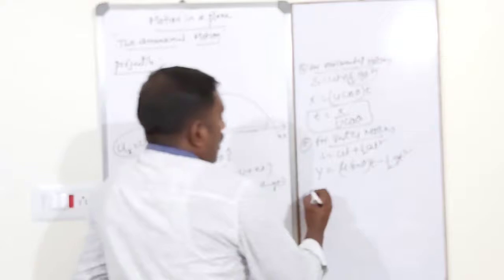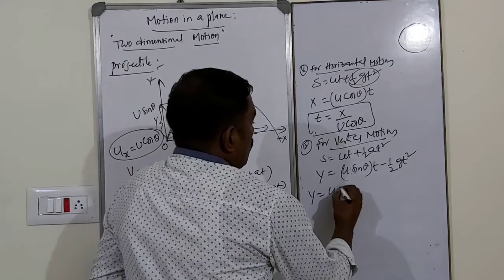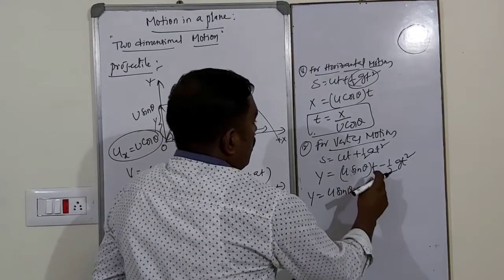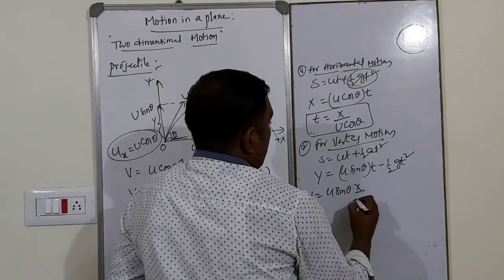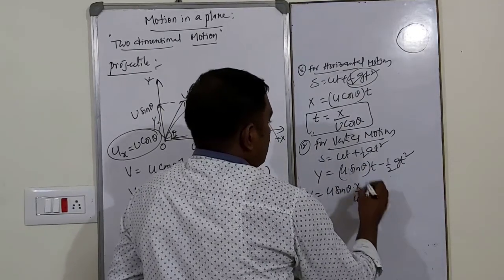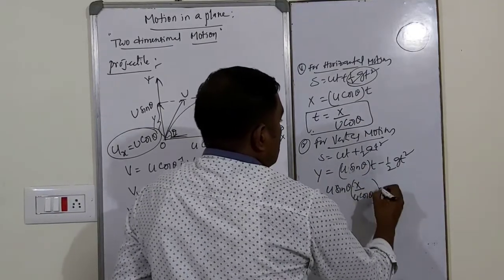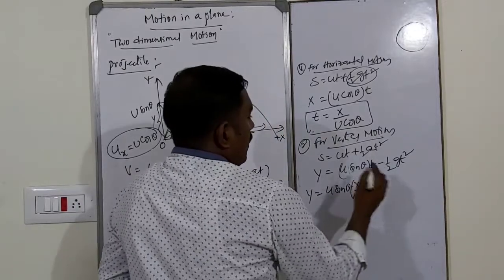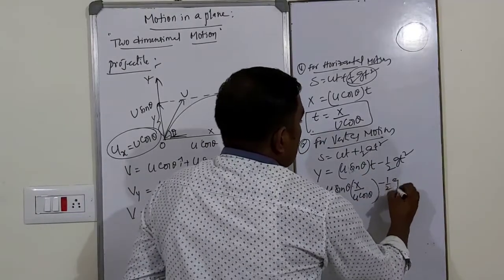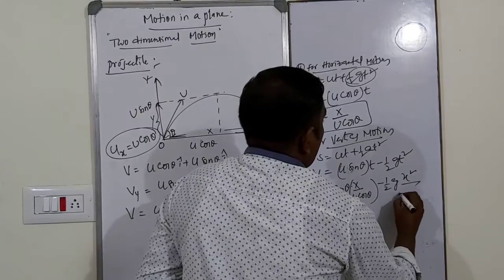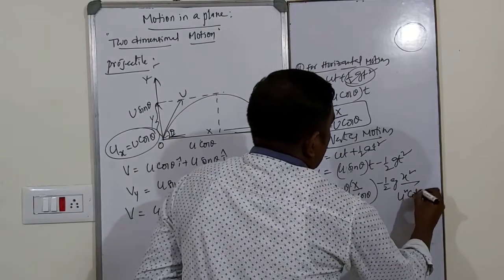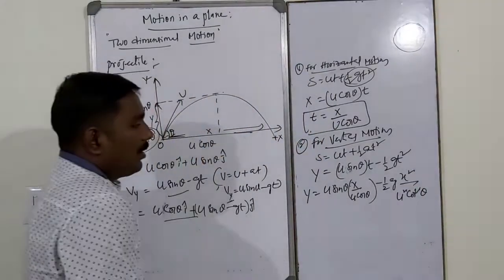Now y is equal to u sin theta into, what is the value of t? See, t is nothing but x divided by u cos theta. That is the t value, minus half g, and what is the value of t square? x square divided by u square cos square theta.